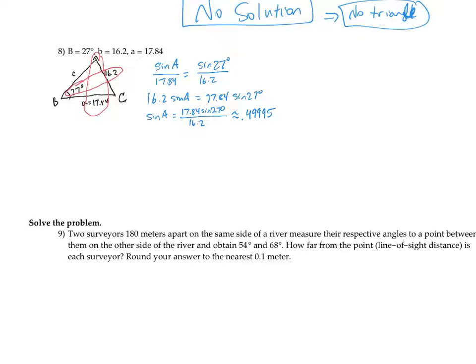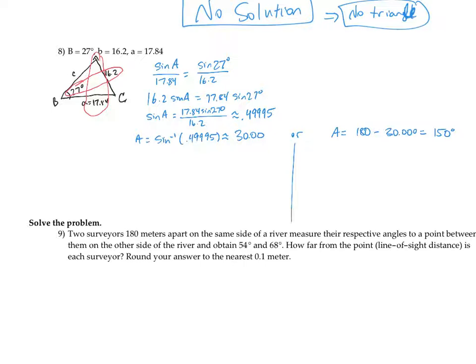And I take the sine inverse of that, so A is the sine inverse of 0.49995, or 29.996, which gives me 30.00 when I round it, or A could be 180 minus the 30.00, which gives me 150 degrees.